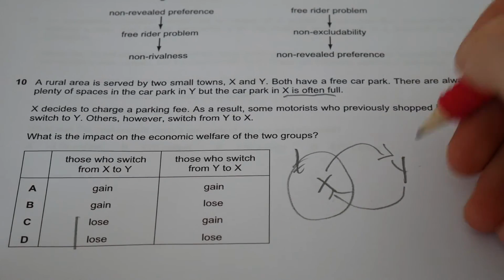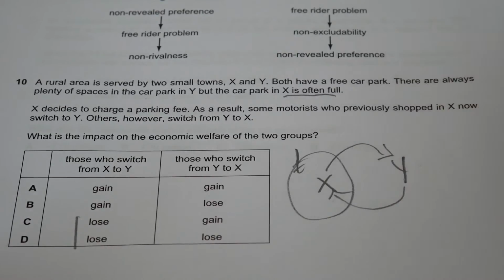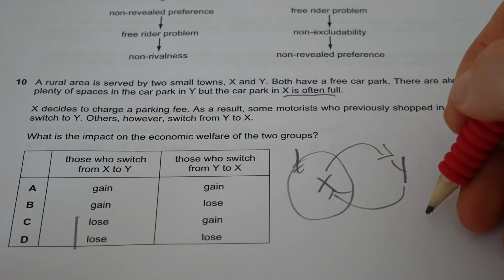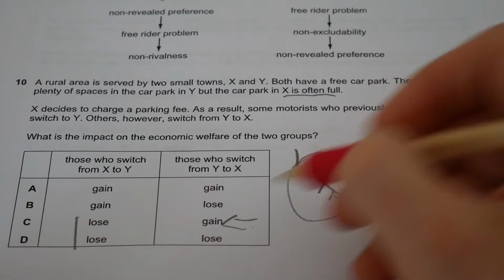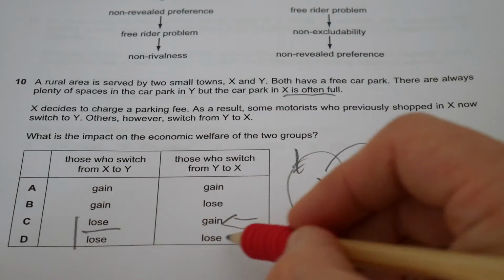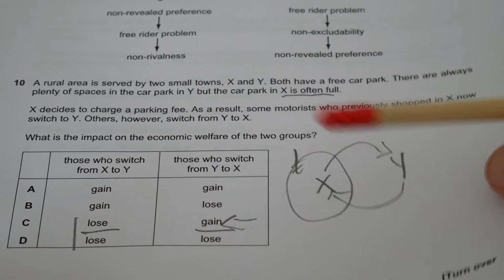Well, these people perhaps couldn't find parking spaces previously. And given that they are now prepared to actually pay for those parking spaces, it could be about convenience, but it certainly does represent that they are getting a degree of consumer surplus from that. So therefore, the answer would be C, lose and gain.